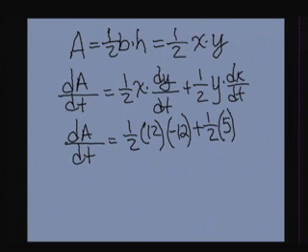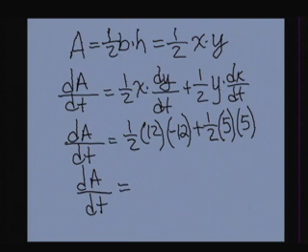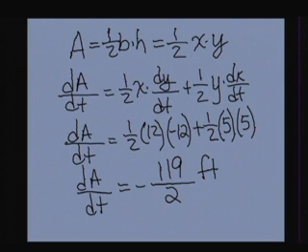And then dx/dt is the movement along the ground, which was 5. And when we do out all that arithmetic, we end up with the area changing at a rate of negative 119/2 feet squared, because it's area, per second.